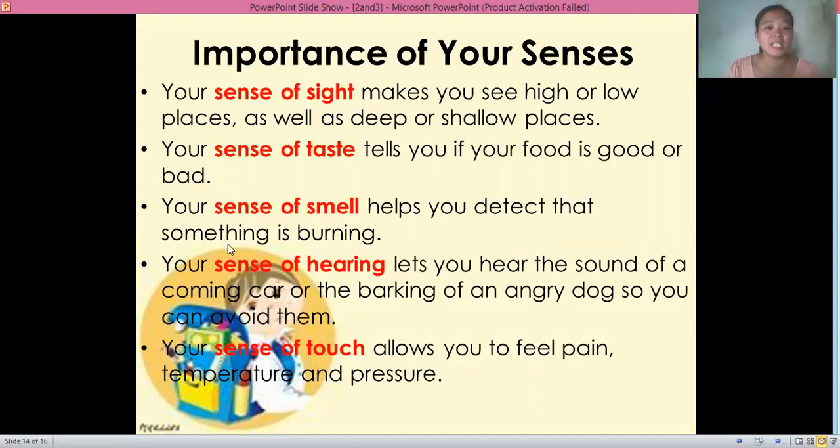Your sense of smell helps you detect that something is burning. Your sense organ for hearing lets you hear the sound of a coming car or the barking of an angry dog so you can avoid them. And your sense of touch allows you to feel pain, temperature, and pressure.